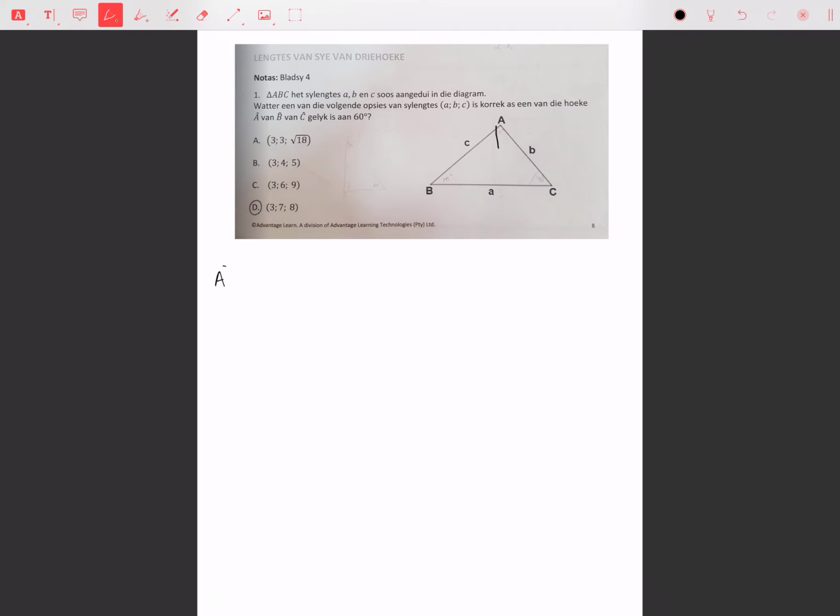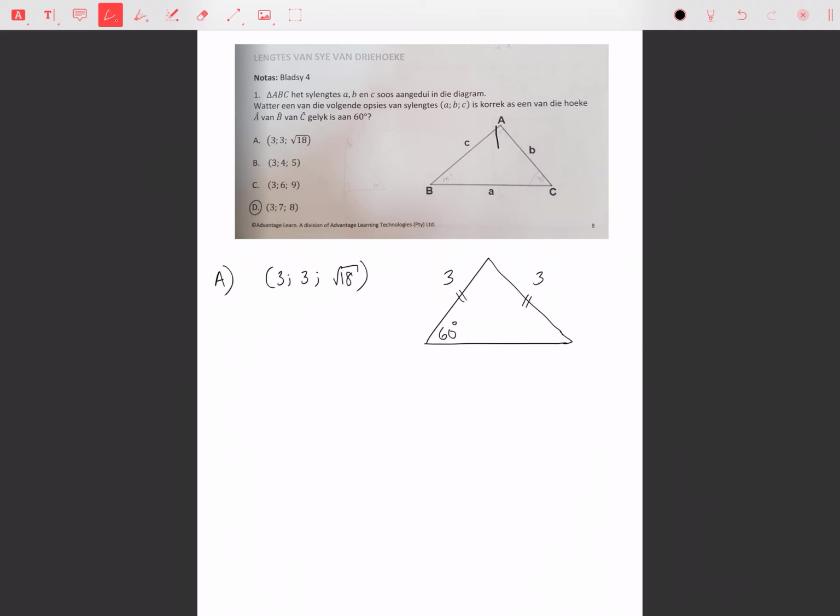So let's look at A. Are these three sides going to give us a 60-degree triangle? So let's just draw it up. Let's put our 60 here because we need a 60, right? Now we've got a 3 and a 3, so let's put a 3 and a 3, those are equal.